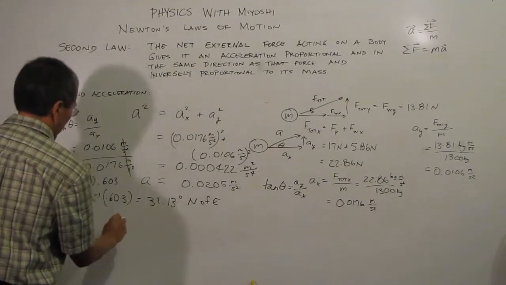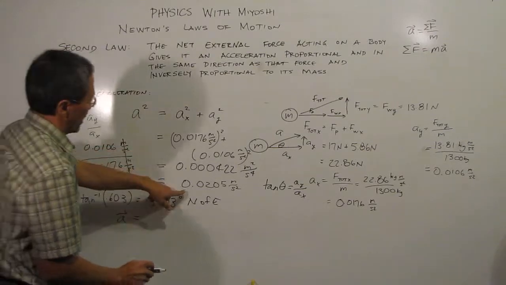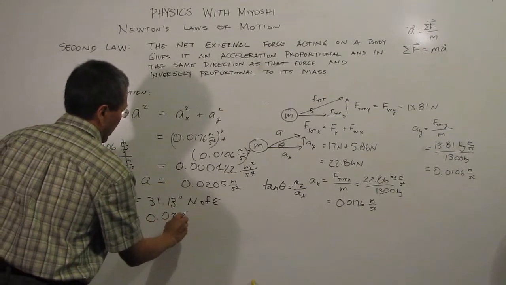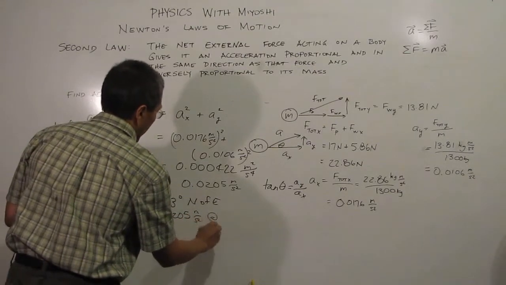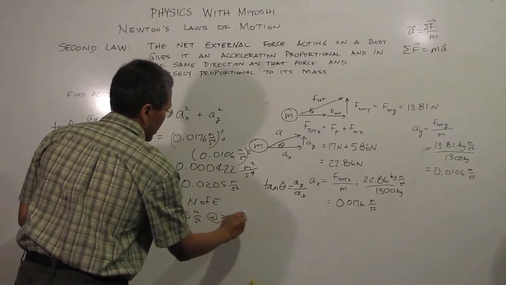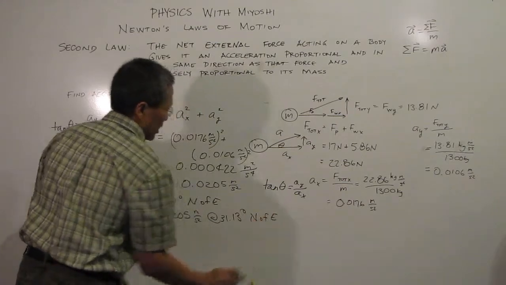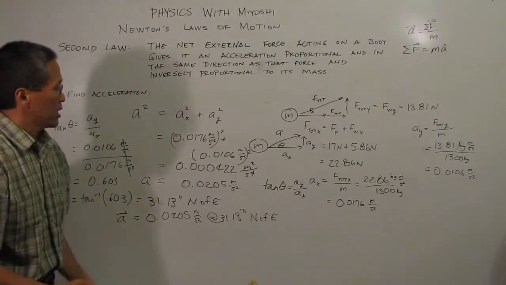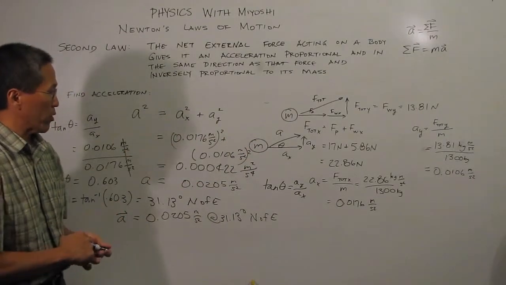So my total acceleration vector is the magnitude 0.0205 meter per second squared at 31.13 degrees north of east. So it's a little bit longer process to find the vectors, but I think it's well worth the effort.